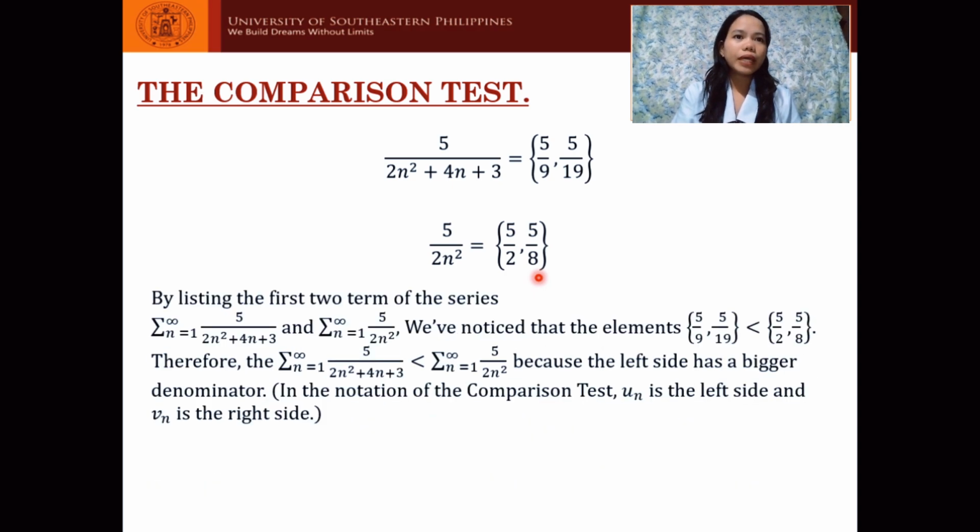By listing the first two terms of the summation of 5 over 2n squared plus 4n plus 3 and the summation of 5 over 2n squared, we notice that 5/9 and 5/19 are lesser than the v sub n terms, which are 5/2 and 5/8.